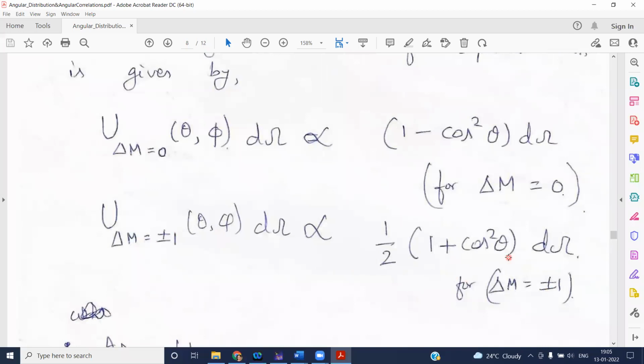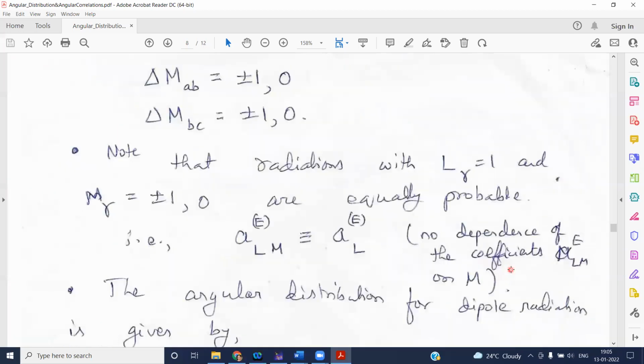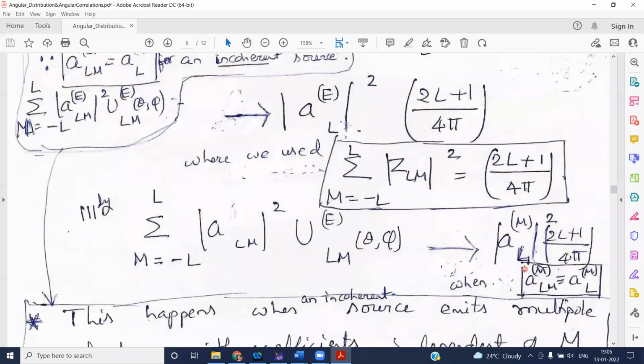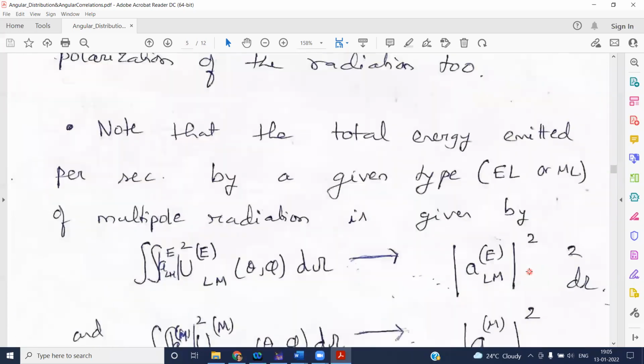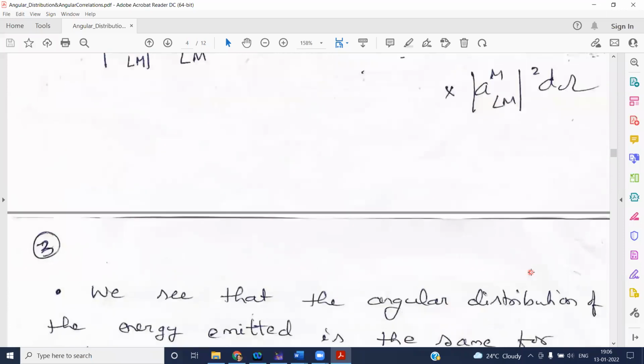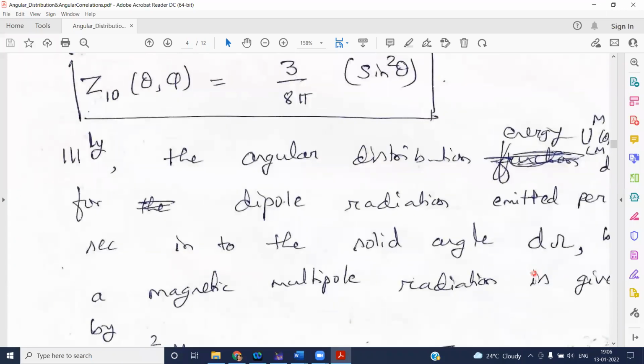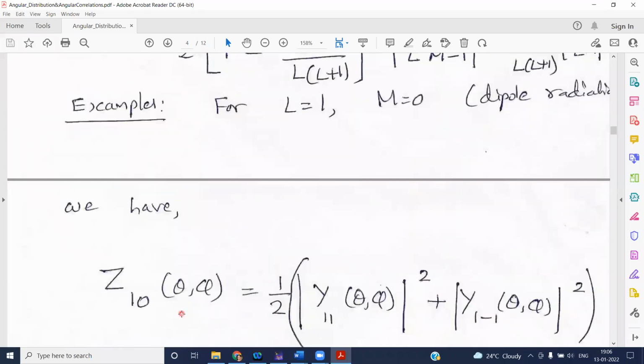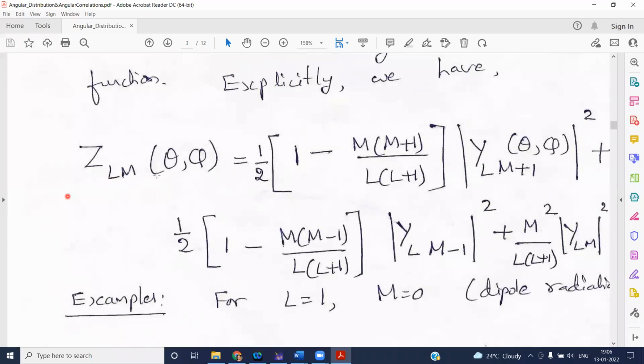This is not done, but I ask you to do: given the angular distribution function ZLM of theta phi, for L equal to 1 and M equal to 0, we have calculated. Z11 you have to substitute into ZLM of theta phi.